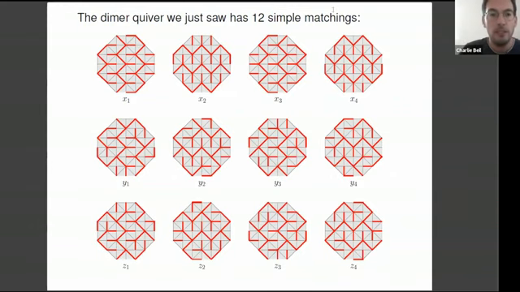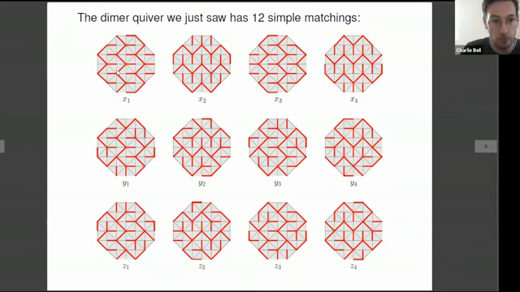In these pictures, the arrows are just drawn with edges because it gets too cluttered. And these are the unit cycles, each of these little guys here. The red are the arrows in the perfect matching. So each unit cycle contains precisely one arrow in the perfect matching.